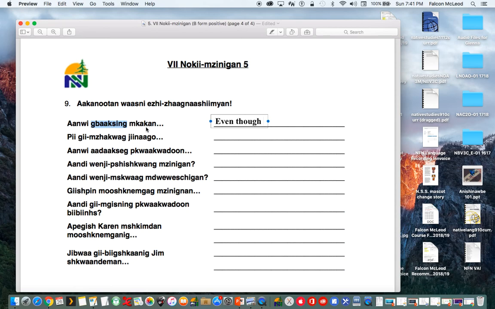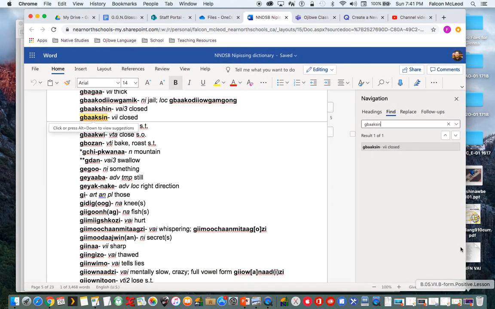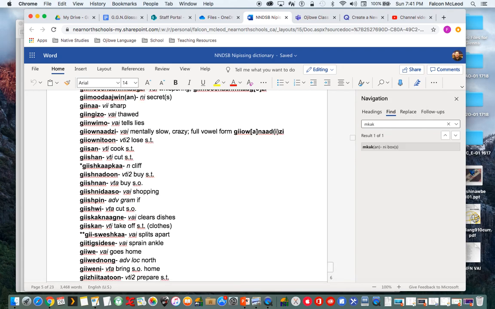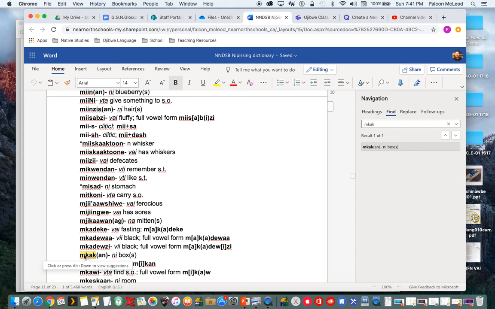Let's leave that for now. And so we got the word mkak-un. If you don't know what that word is, we can always look it up. All right, so nothing popped up for mkak-un. When something like this happens, we know to start deleting letters off the end. So delete the N, delete the A. Oh, okay, now we're brought to this word here, box. And the letters we deleted were right here.